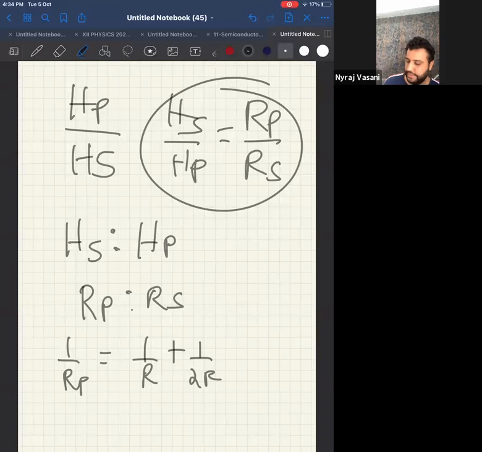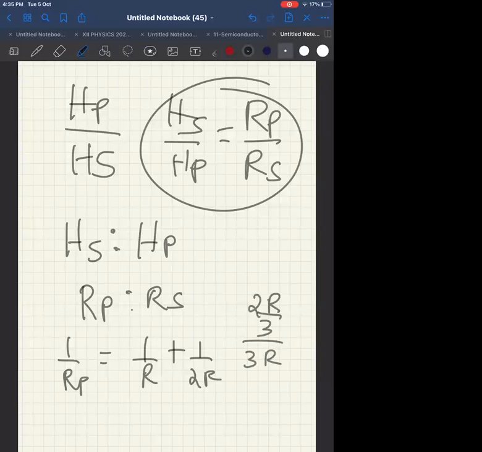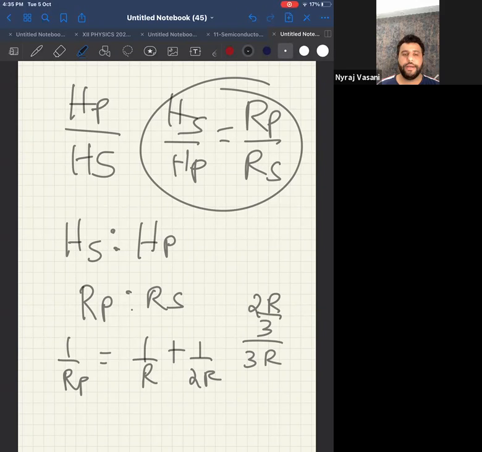R and R will cancel. 2R by 3 divided by how much? 3R, because R plus 2R will become 3R. Resistance in series is addition and resistance in parallel is 1 by Rp. Again, R and R will cancel. Therefore, 2 divided by 3 into 3, 9. Therefore, answer is C. Did you understand this?